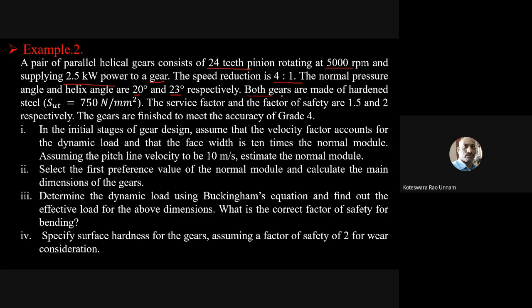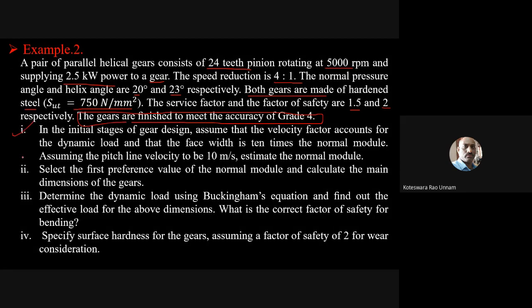He also mentioned that both gears are made of the same material, hardened steel, having an ultimate strength of 750 Newton per mm square. Service factor is 1.5 and factor of safety is 2. And the finished surface has accuracy of grade 4.